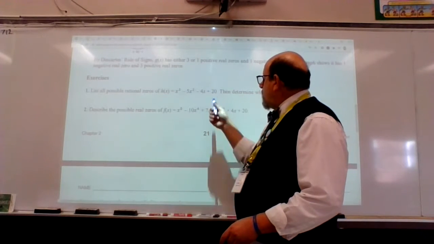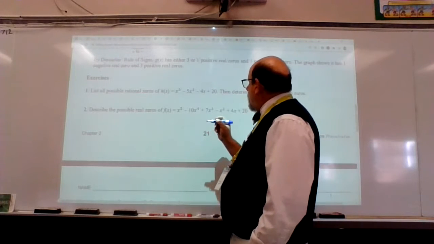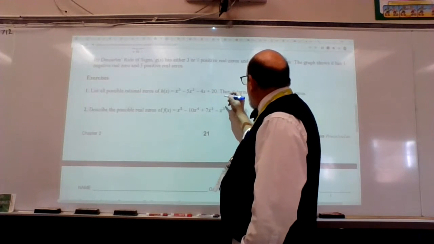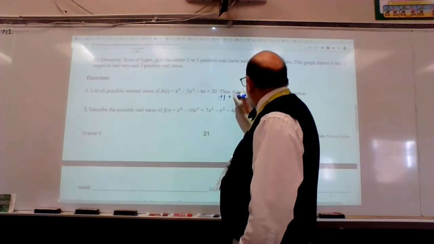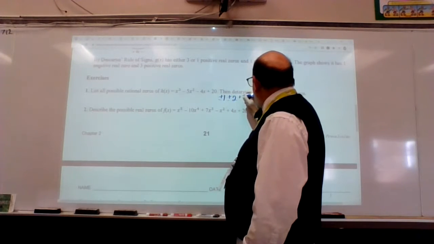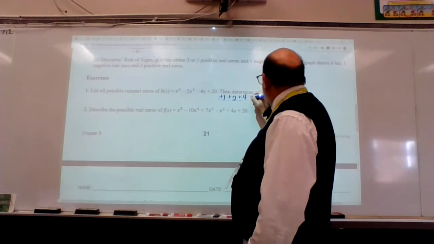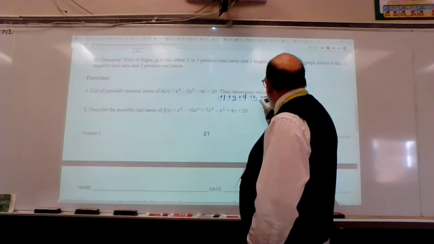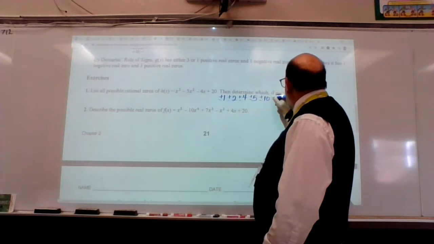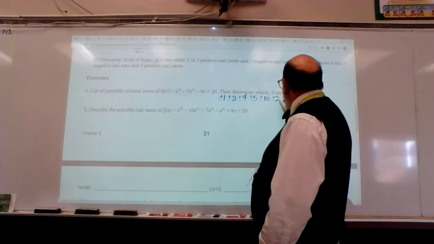So what are the possible zeros, possible factors of 20? And we have plus or minus 1, plus or minus 2, plus or minus 4, plus or minus 5, plus or minus 10, and plus or minus 20.